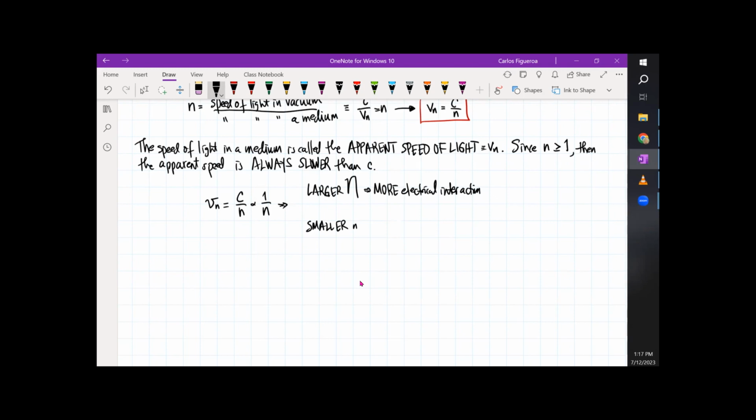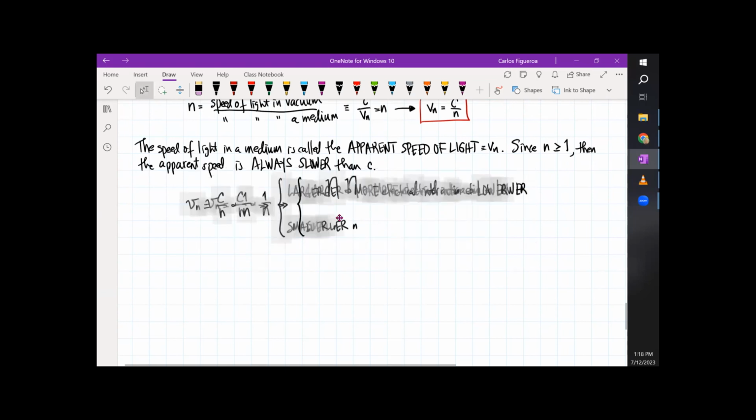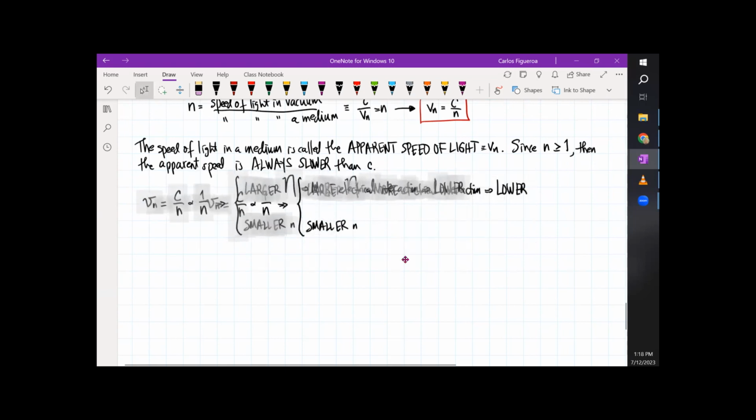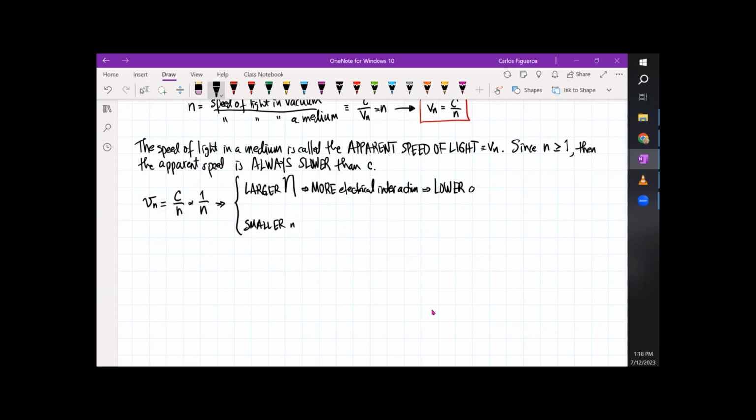And if I have more electrical action, I'm then going to have a lower apparent speed.